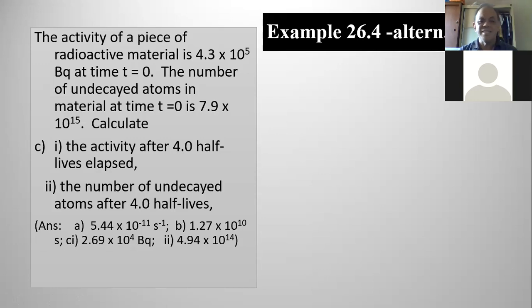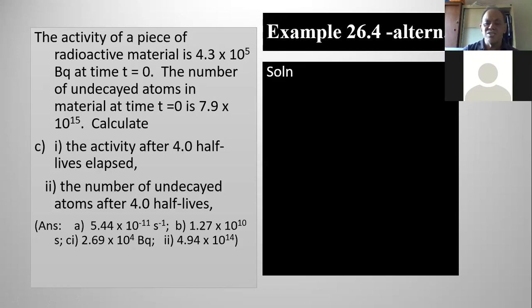As I said, there is not just one method of calculating. If you want to use the formula given in the formula sheet, go ahead. It's not wrong. You can also work it out step by step, from the definition. Initially it is 4.3 times 10 to the power 5 at time 0.